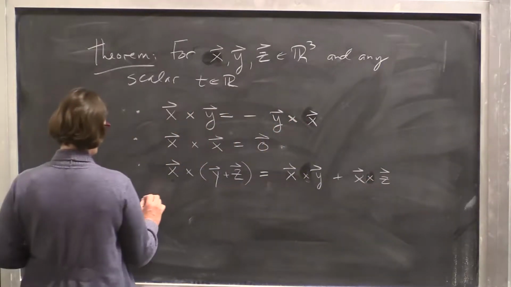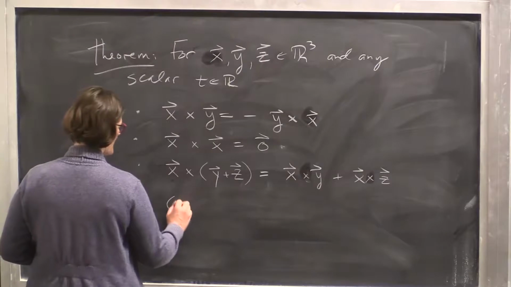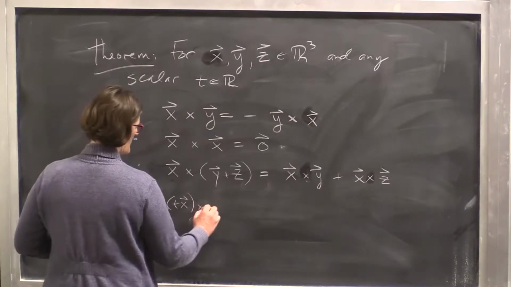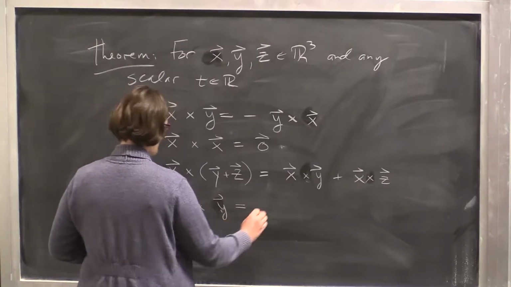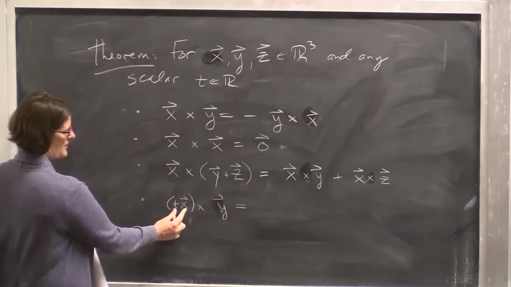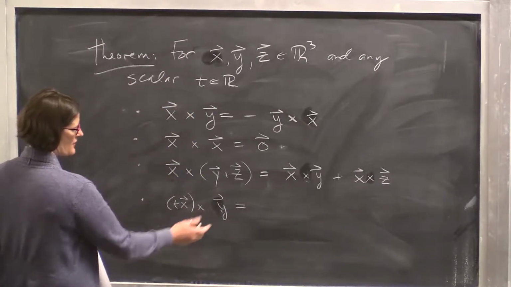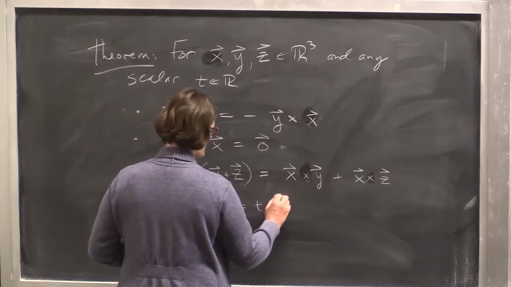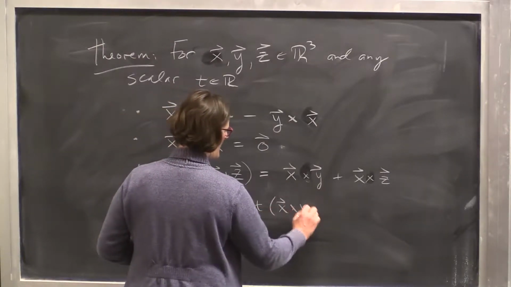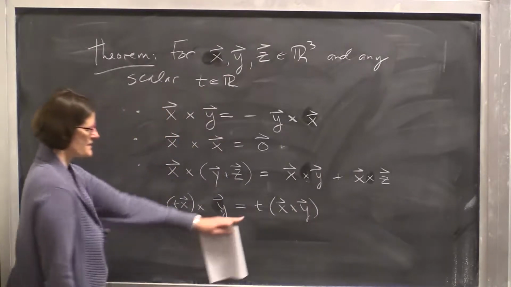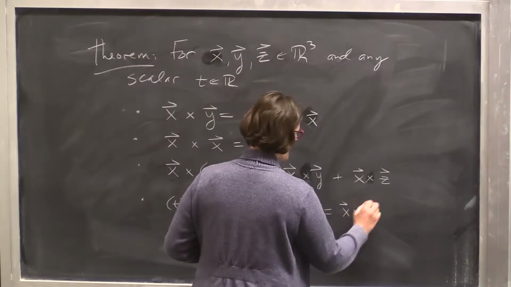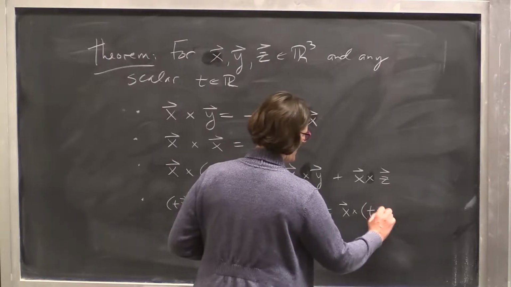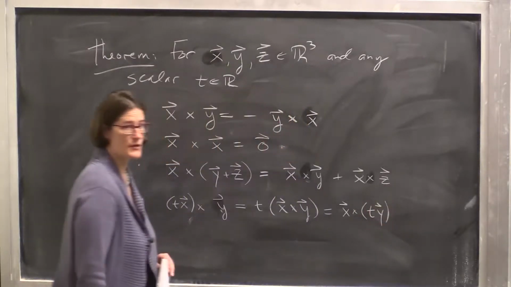And finally, scalar multiplication plays fine with curl. If you take x and multiply it by a scalar and then compute the curl with y, it's the same thing as if you just compute the curl of x and y and then multiply by the scalar. And it's the same thing as if you multiply y by the scalar and then compute the curl.